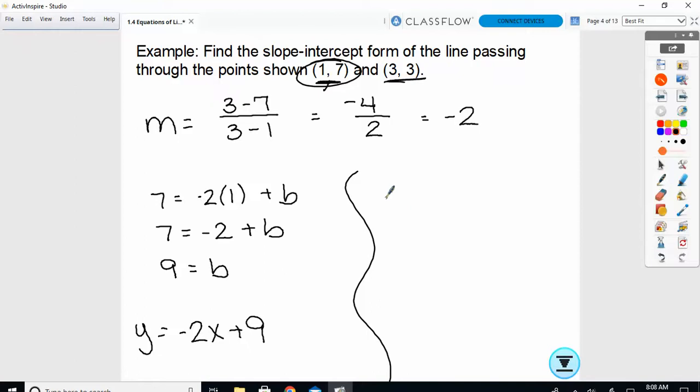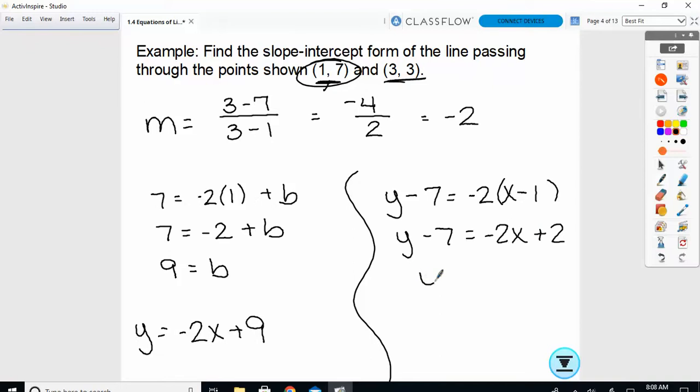Then the final equation would be y equals negative 2x plus 9. If you use point slope formula, it's y minus y sub 1, so the y value of my point, equals m, negative 2, times x minus x sub 1, the x value of our point is 1. So you get y minus 7 equals negative 2x plus 2.